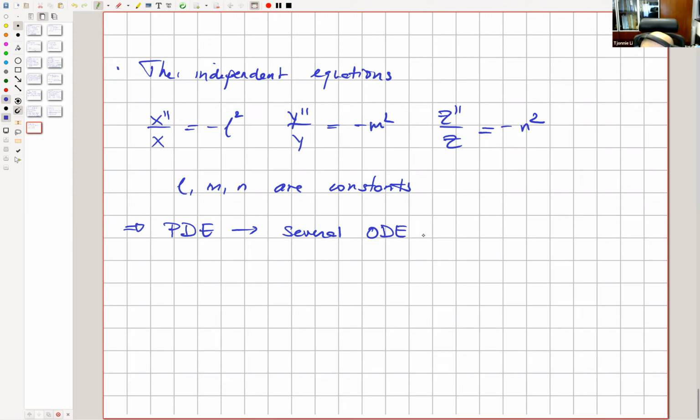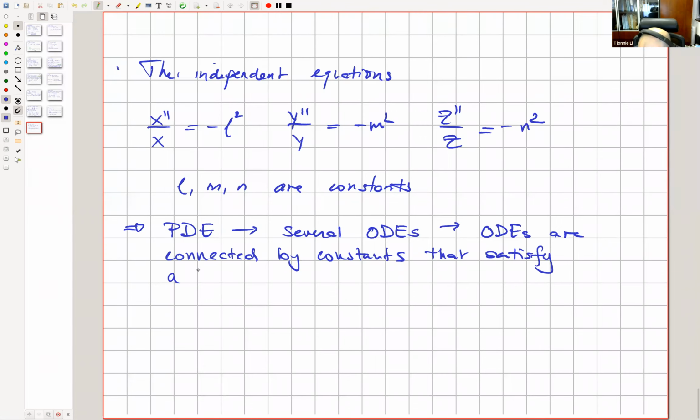But these ODEs are connected by constants that satisfy an equation, right? So we've seen this before.